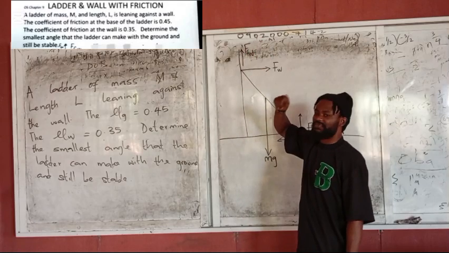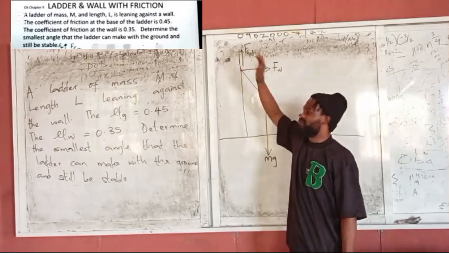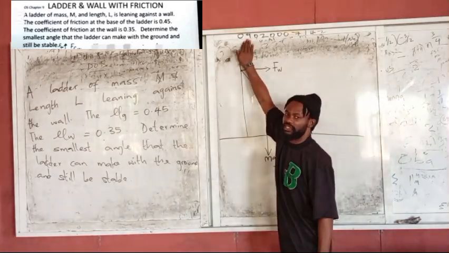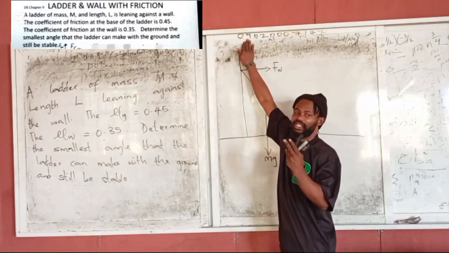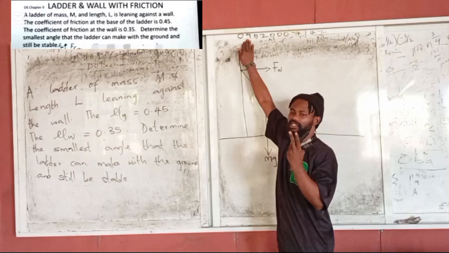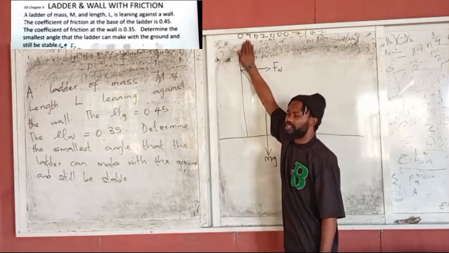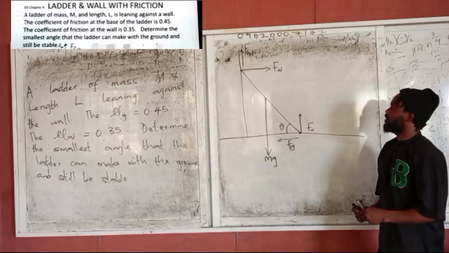Once it's frictional, we must add this extra force, but when it's frictionless, we have no business with this extra force. So there are two ways of looking at this question, a linear ladder static equilibrium problem. When it's frictionless, we have no business with this; when it's frictional, we must have this.